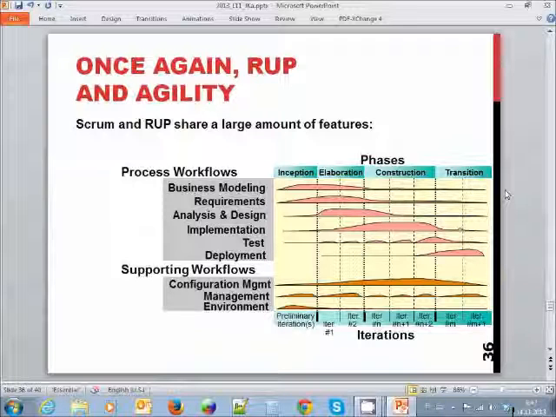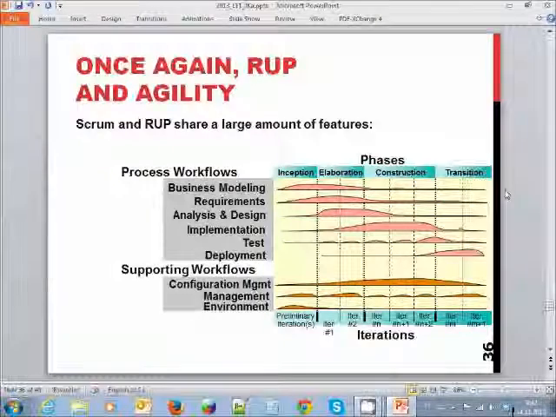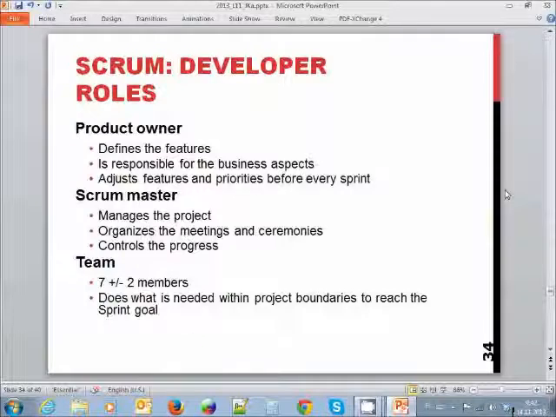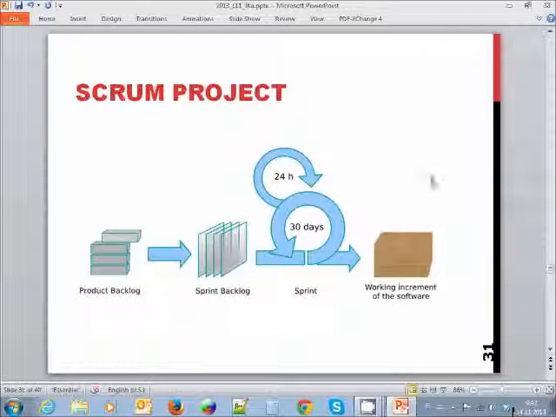We have analysis, design, implementation, and testing. So basically all the same things. And the deployment comes in the transition, but that's basically just one of the later sprints when we have done everything on the product backlog.